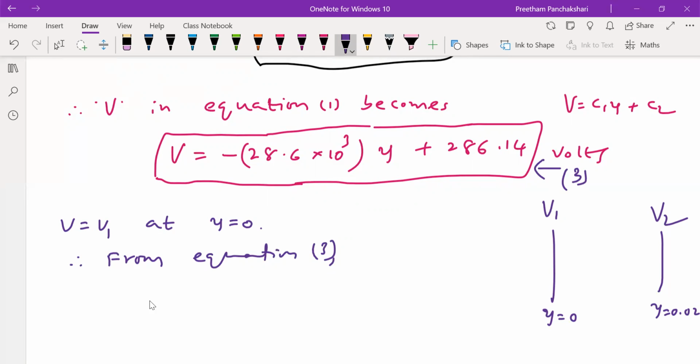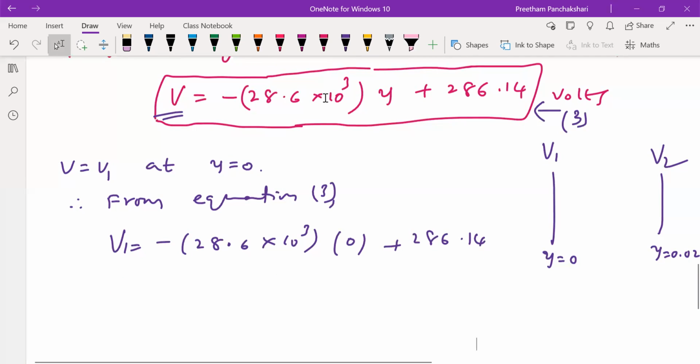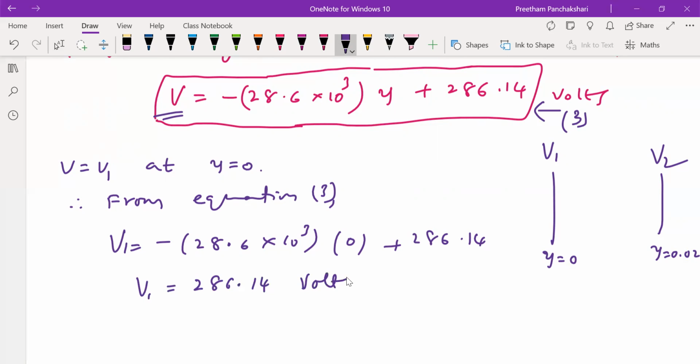From equation 3, V is equal to V1. I'm going to substitute this V as V1, minus 28.6 into 10 raised to 3, in place of y 0, plus 286.14. Finally, V1 is equal to 286.14 volts.